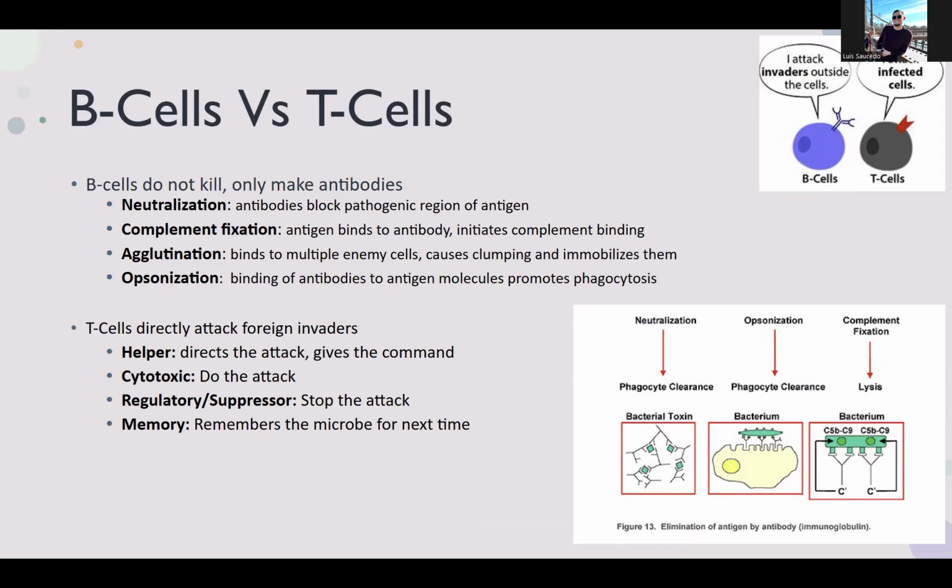Some of the things that complement fixation does is it adds to the opsonization, so it could add additional quote unquote seasoning to it. Some other complement proteins can also create little pores or barriers in a bacterial cell or a fungal cell to cause it to rupture and have the internal cell parts leak out so that our immune system can then go and eat it up.